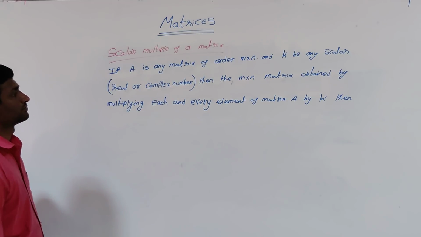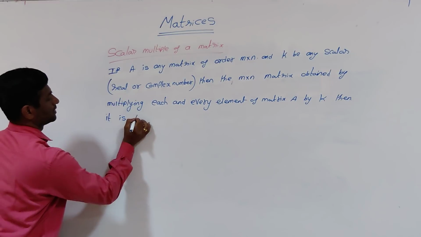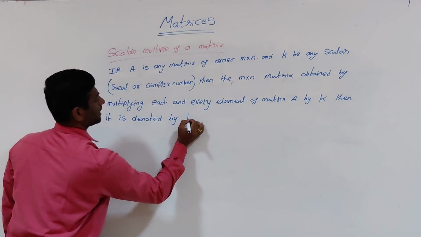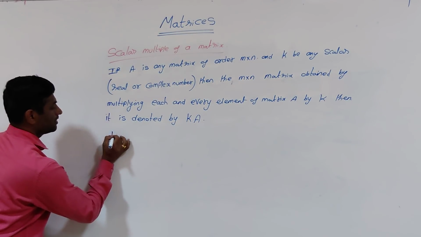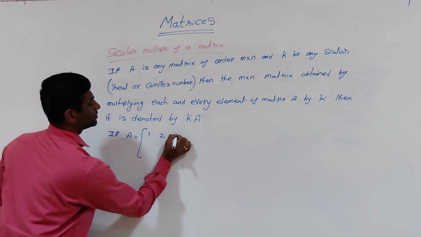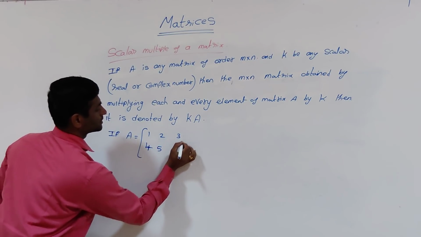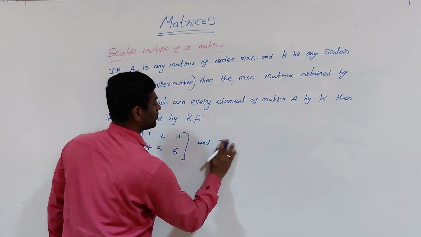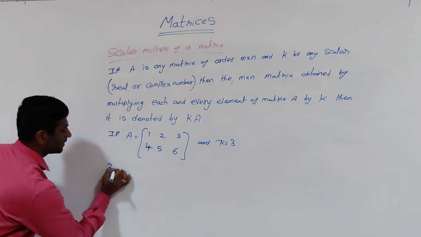Then it is denoted by KA. For example, if A is equal to 1, 2, 3, 4, 5, 6 and K is equal to 3, then what will be 3A?